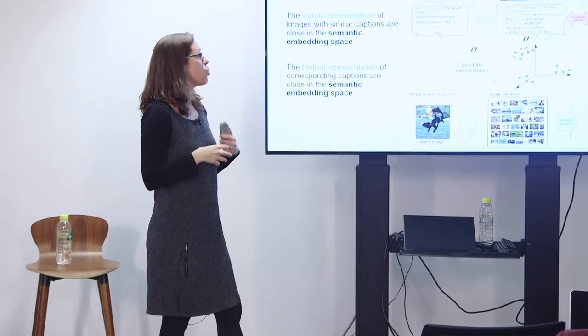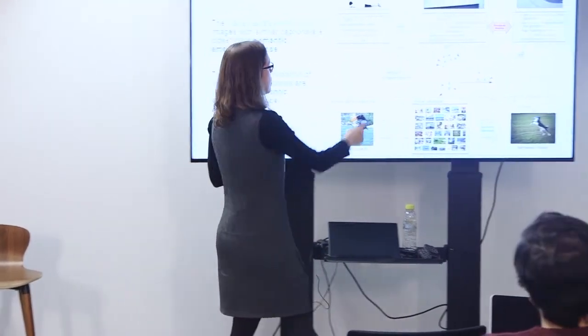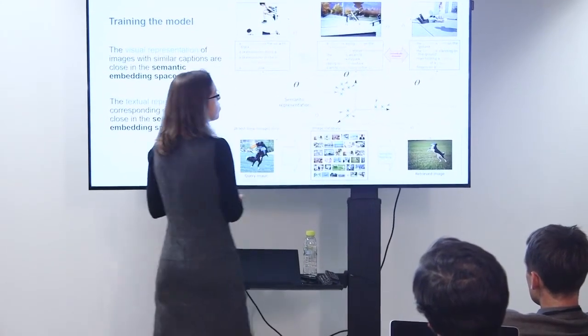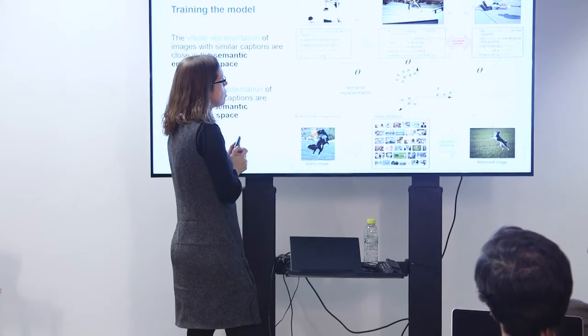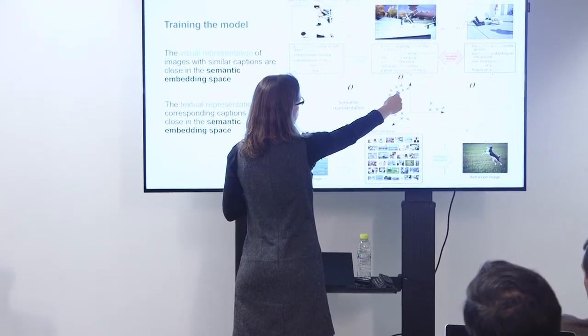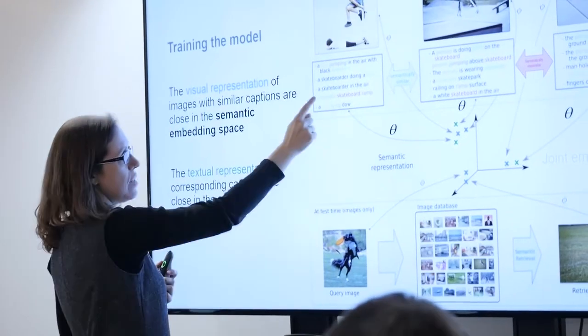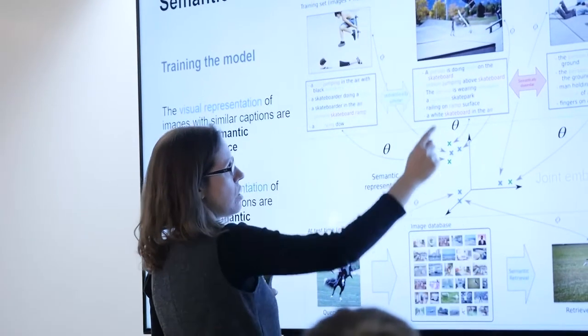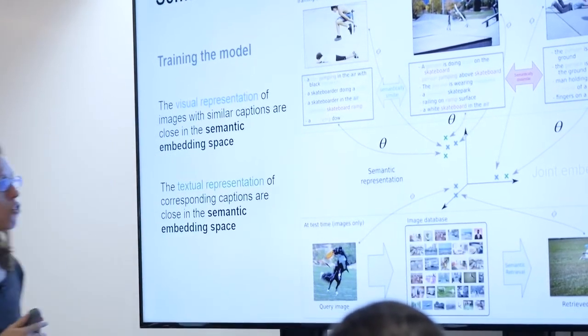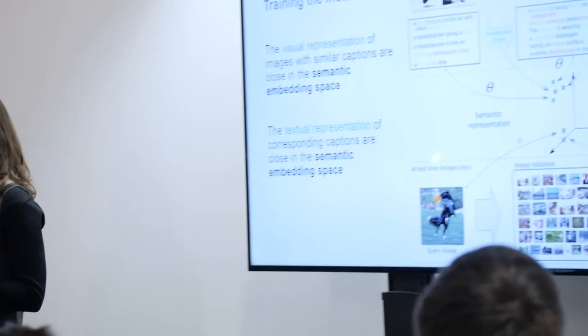And we can add more constraints. So instead of asking these 2 images to be similar in the embedding space, so these 2 blue points to be next to each other, we can ask this image to be close to that text, so this point to be close to that one, and that text to be close to that image. So we can enforce additional constraints.